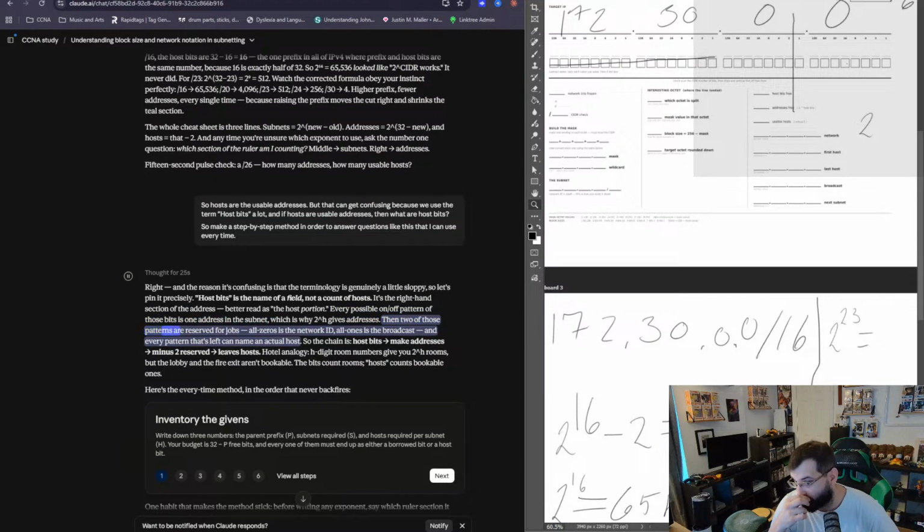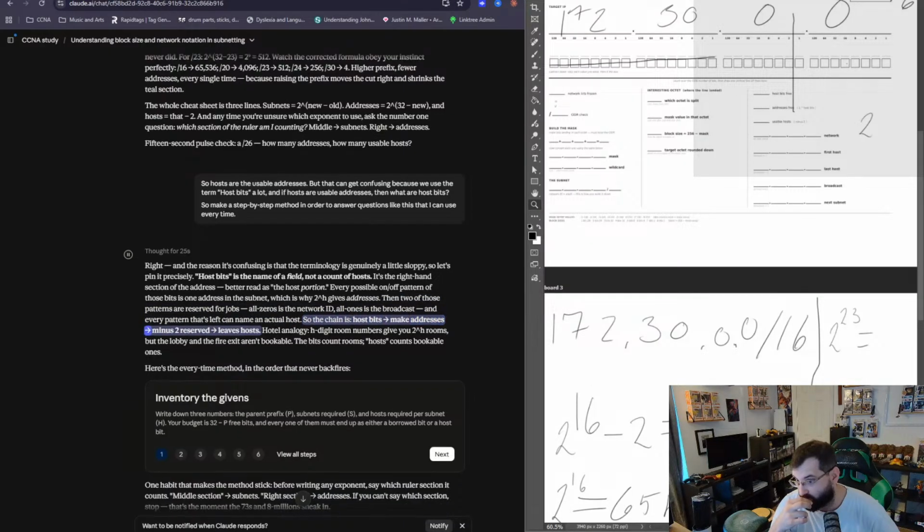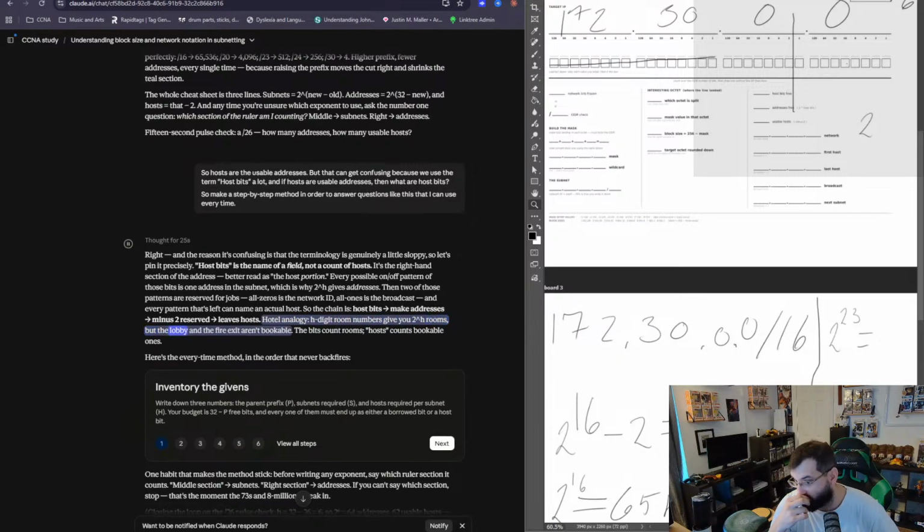Then 2 of those patterns are reserved for jobs. All zeros is the network ID. All ones is the broadcast, and every pattern that's left can name an actual host. So the chain is: host bits make addresses, minus 2 reserved, leaves hosts. Hotel analogy: h-digit room numbers give you 2^h rooms, but the lobby and the fire exit aren't bookable. The bits count rooms, hosts counts bookable ones.